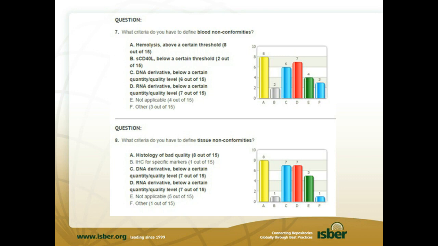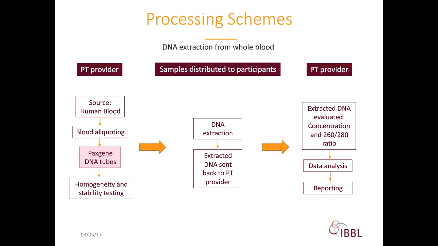In the last part of this webinar, we'll now take a look at external quality assurance programs, otherwise called proficiency testing programs. An external quality assurance program can apply to a processing method, such as DNA extraction from whole blood. In this case, what happens is that the proficiency testing program provider prepares many aliquots of stabilized whole blood, assesses the homogeneity and the stability, and distributes one aliquot to each participant.